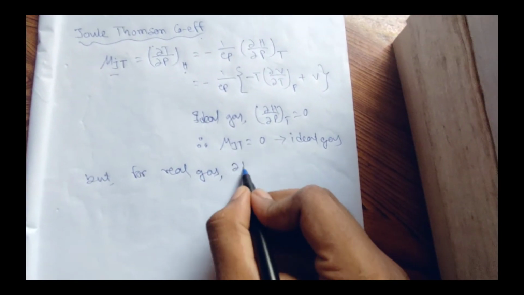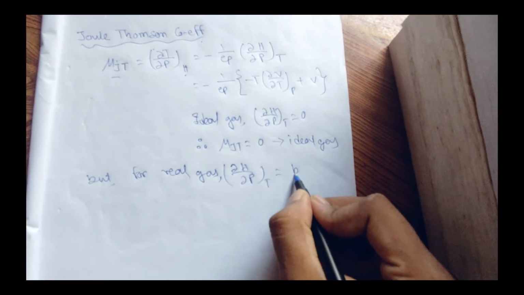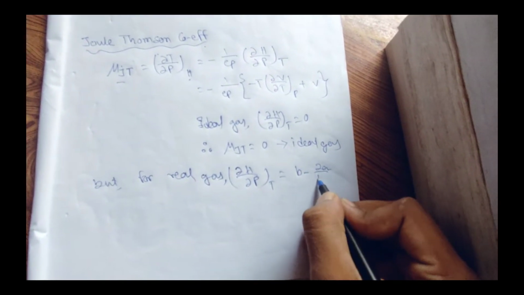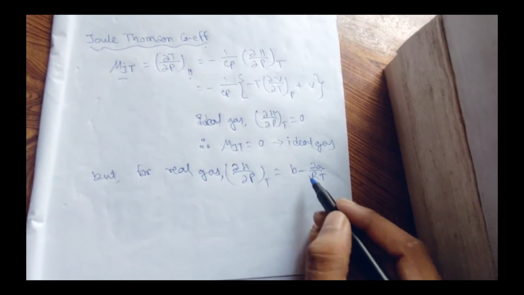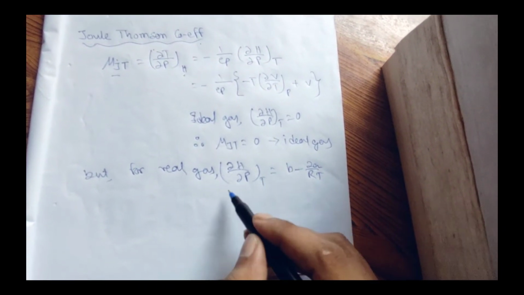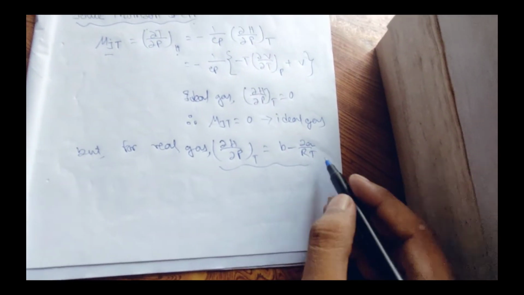the value del H by del P at constant T is equal to b minus 2a by RT. As you all know, a and b are constants in the Van der Waals gas equation. From the Van der Waals gas equation, this comes: del H by del P at constant T is equal to b minus 2a by RT.